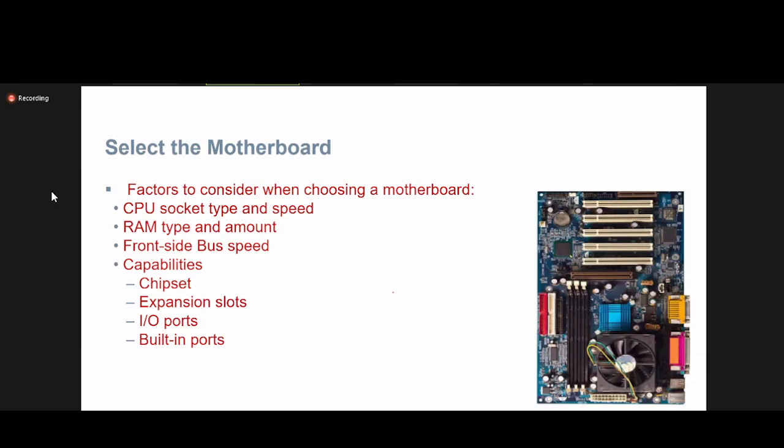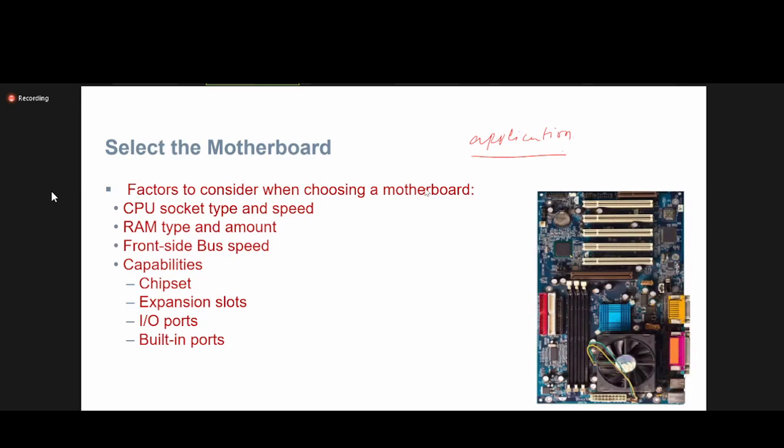What kind of motherboard are you looking for? You have to first select the proper motherboard. Selecting a motherboard means considering where you're going to use it. Applications are important. When you buy a computer, consider what the major use of that computer is. Is it for general purpose or home use, or video games, or video and audio applications?